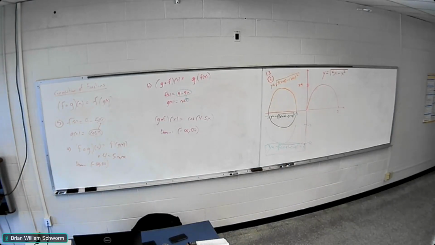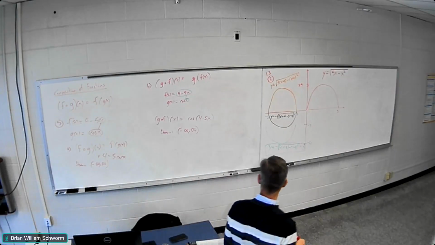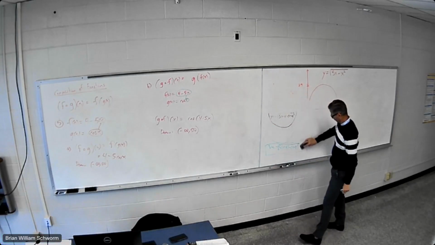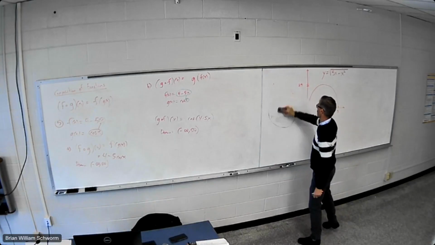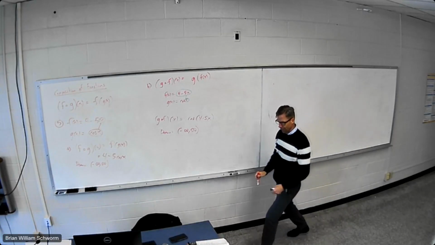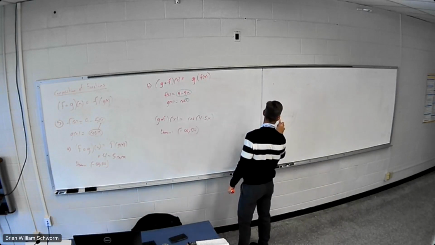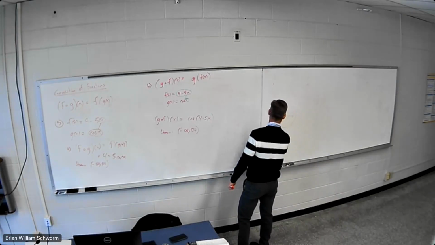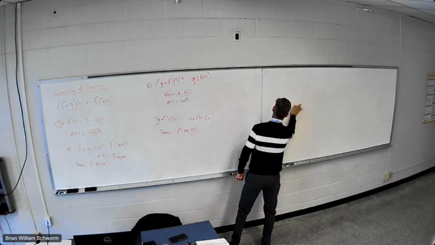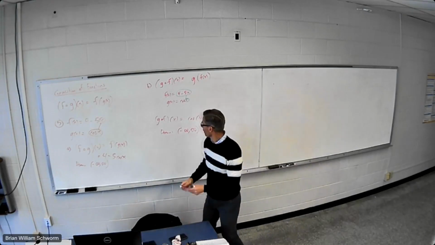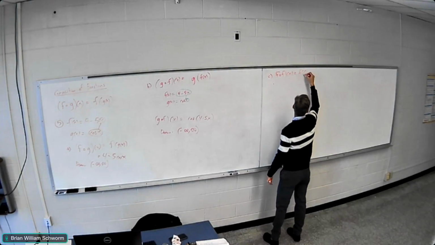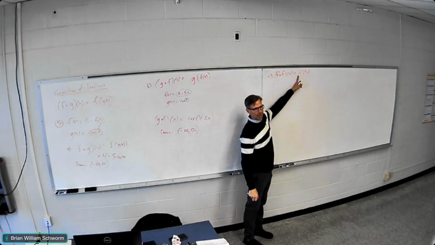There are a couple more parts too that are kind of odd. Part C is F composed with F. So I need to take the F function, plug it into the F function.